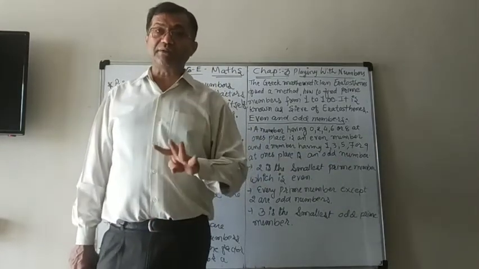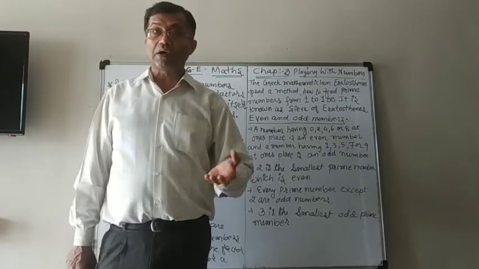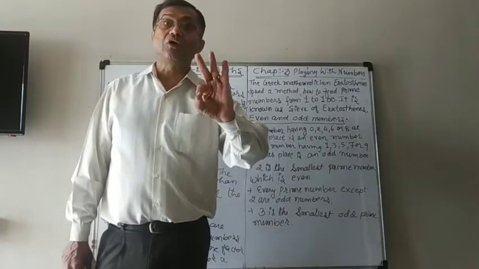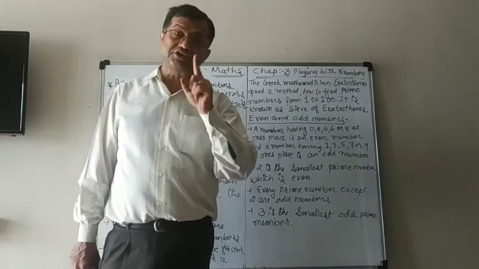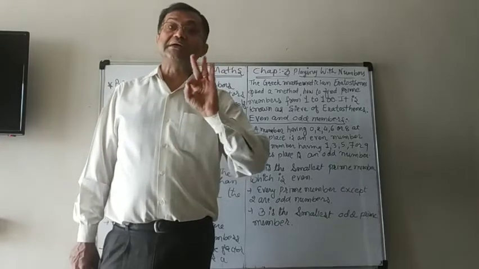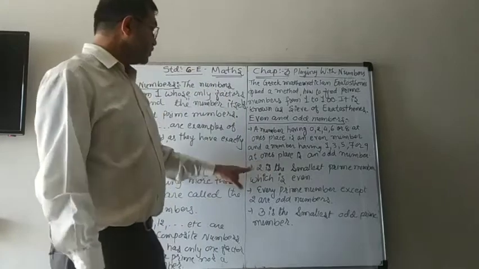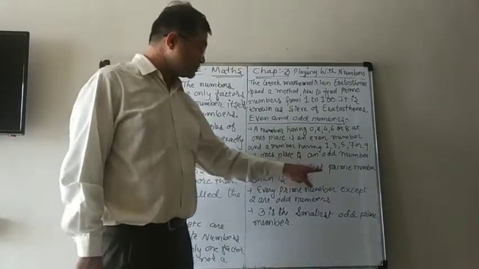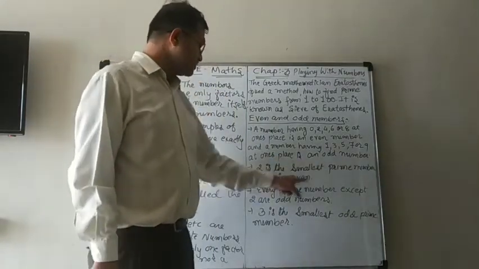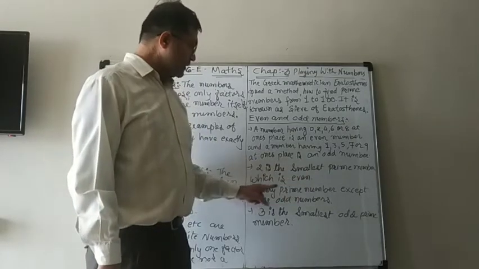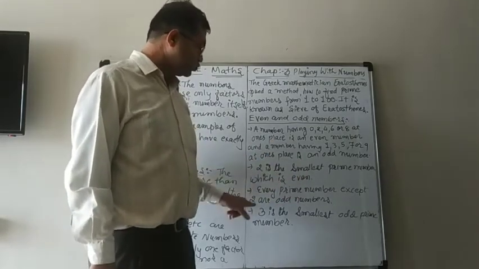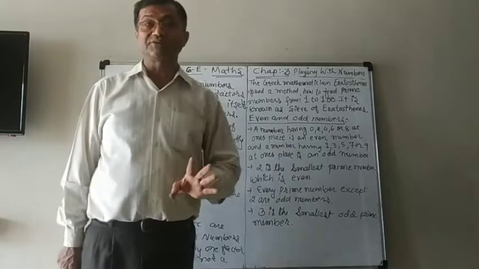The other prime numbers except 2 are all odd numbers. Only 2 is an even prime number. So 2 is the smallest prime number which is even, and every prime number except 2 is an odd number.